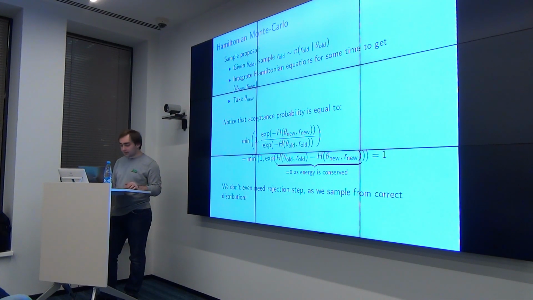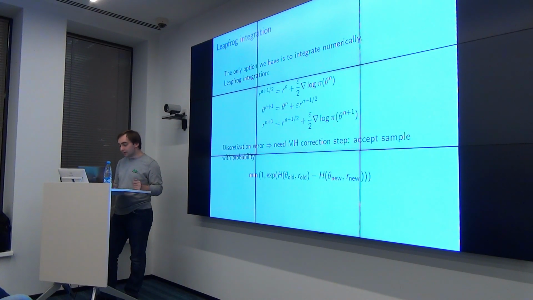But the point is we can't integrate them analytically almost always. There are some cases, but not with, for example, neural networks. And so the only choice we have is to integrate numerically. The most popular way to integrate Hamiltonian equations is to run leapfrog integration. It looks like this.